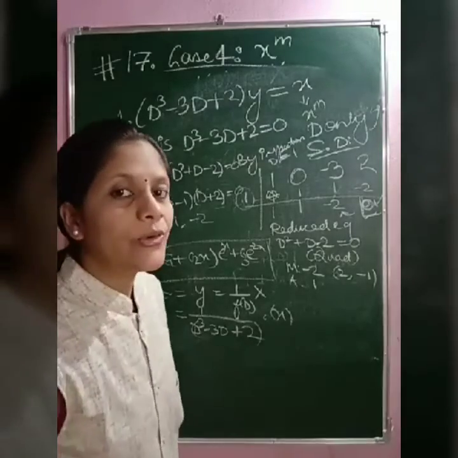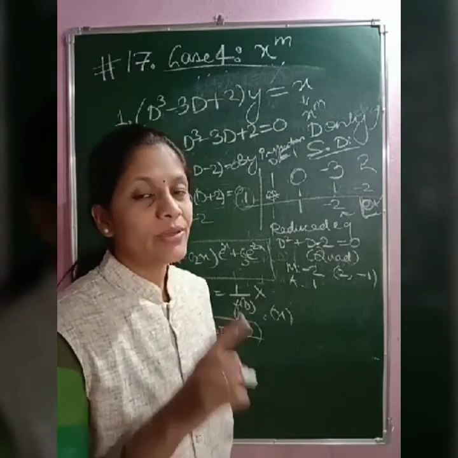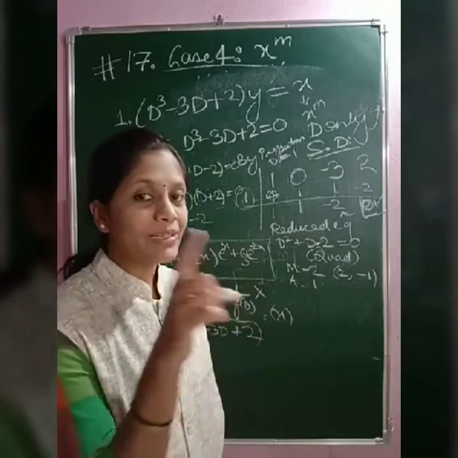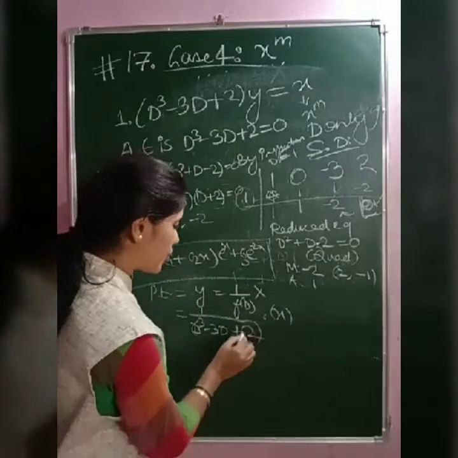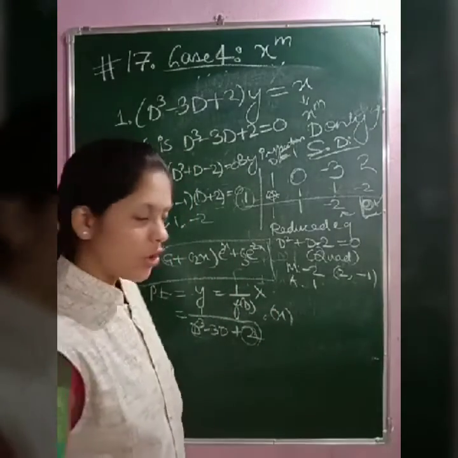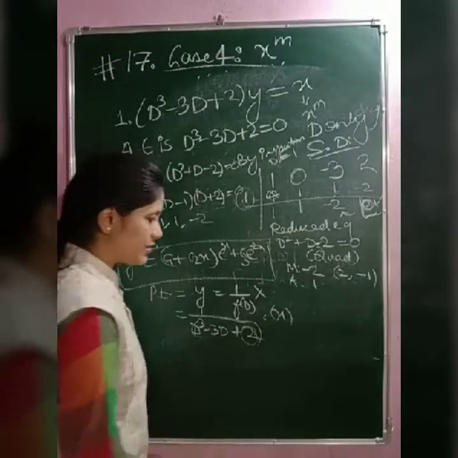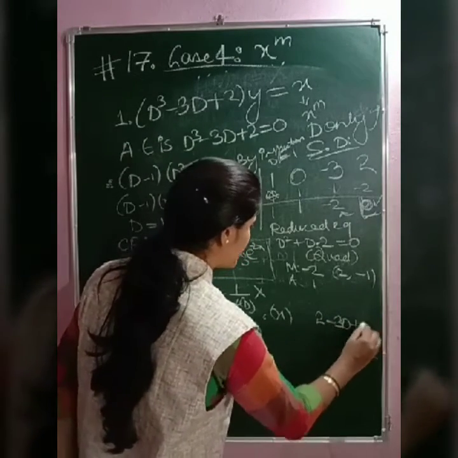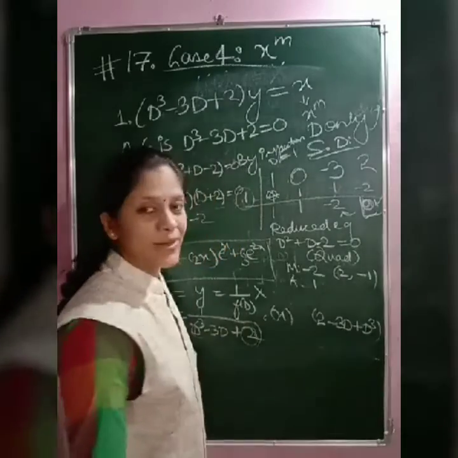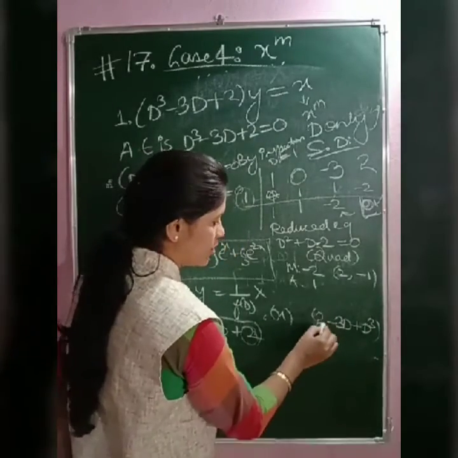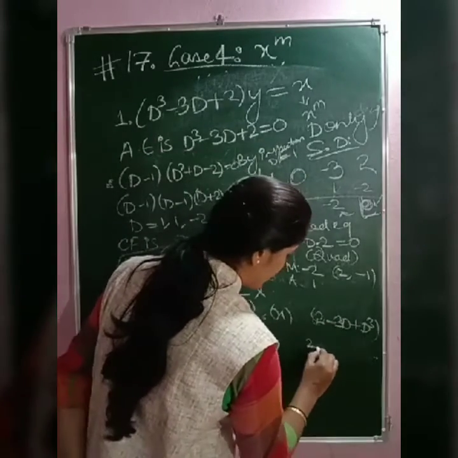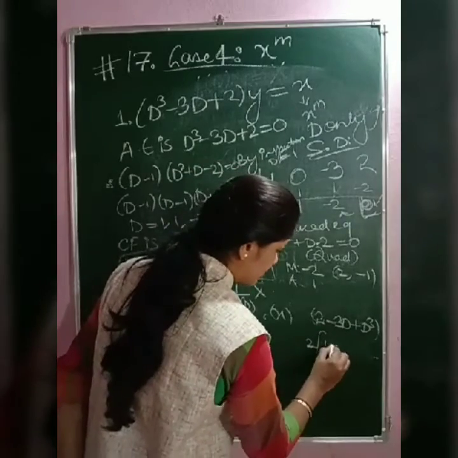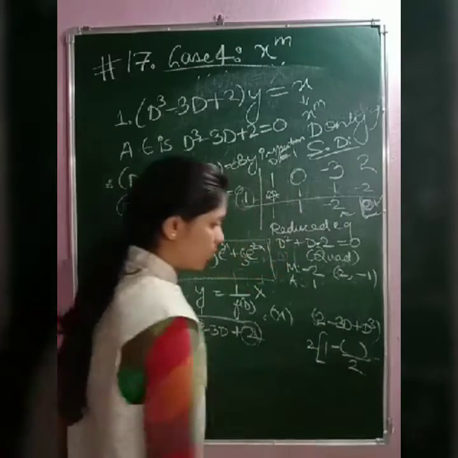So already we know whenever x power m is there, we represent the denominator, that is f of d, as 1 plus or minus 5d. So this is a constant. Let us take 2 common. Firstly, this can be written as what? 2 in the denominator: 2 minus 3d plus d cube. Next, express as 1 plus or minus 5d. So taking 2 common, we write 1, next is minus something, whole by 2.